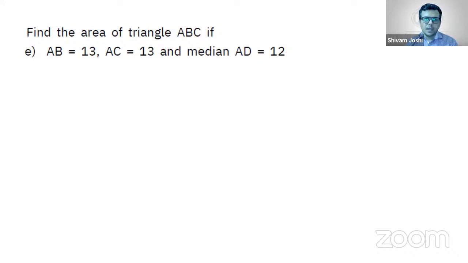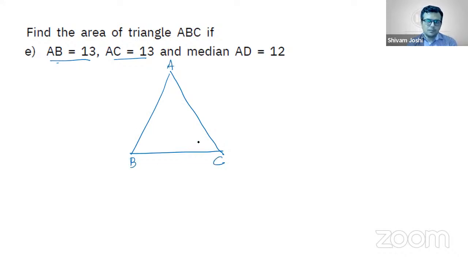Find out the area of the triangle ABC if AB equals 13, AC equals 13, and median AD equals 12. So these two sides are equal: A, B, C, this is 13, this is 13.